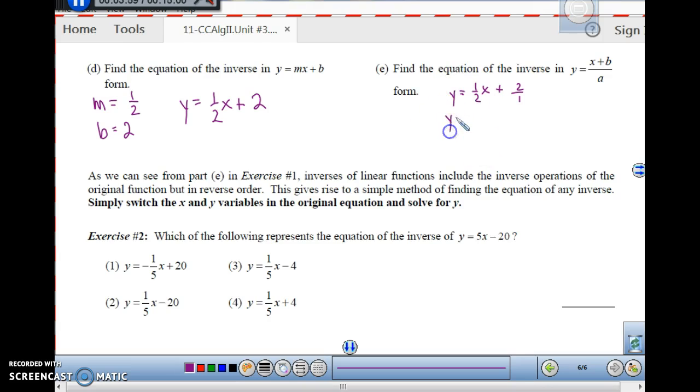Well, I know this is y equals 1/2 x, and what common denominator would I need would be 2. So what is 2 over 1? It's actually 4 over 2. So now I can combine my numerators together, would be x plus 4 over 2. So this is just another way that you can see it. It's the same equation.